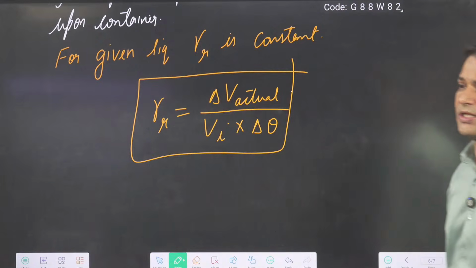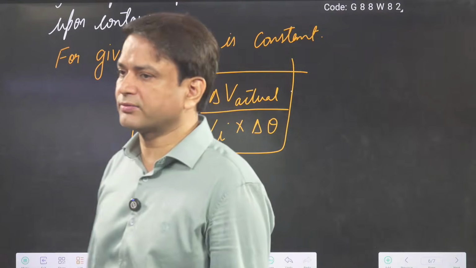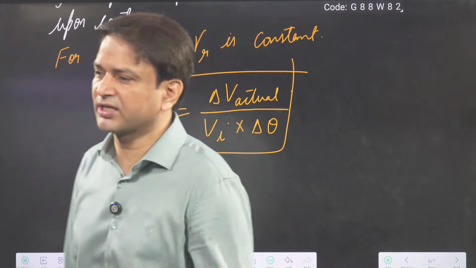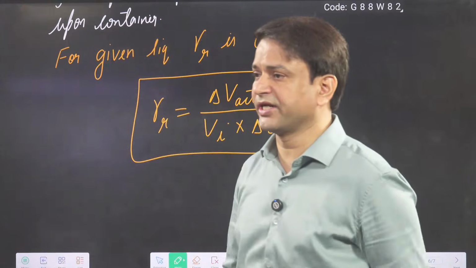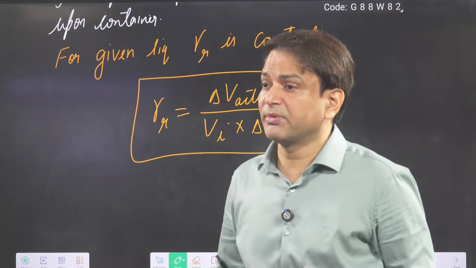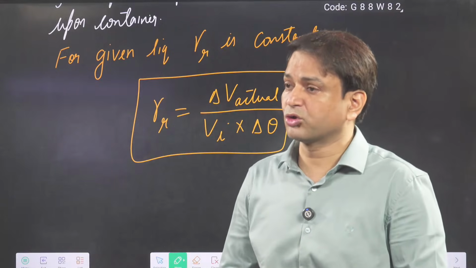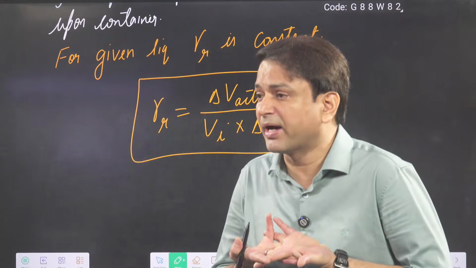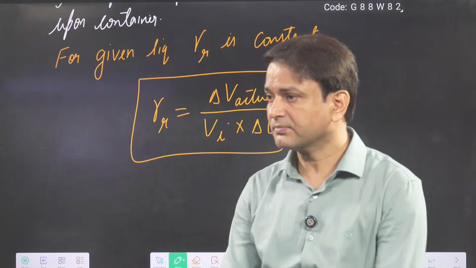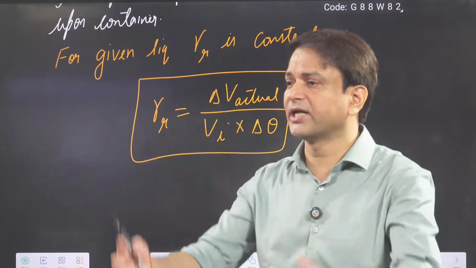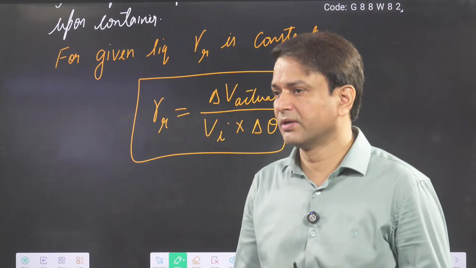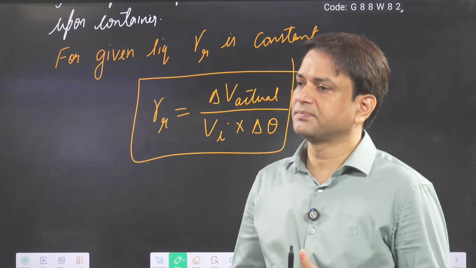So suppose I gave in the problem gamma of the water is this, gamma of the glycerine is this. If I have not mentioned anything else, I am only saying gamma of the liquid. So gamma of the liquid means which gamma I gave, real or apparent?